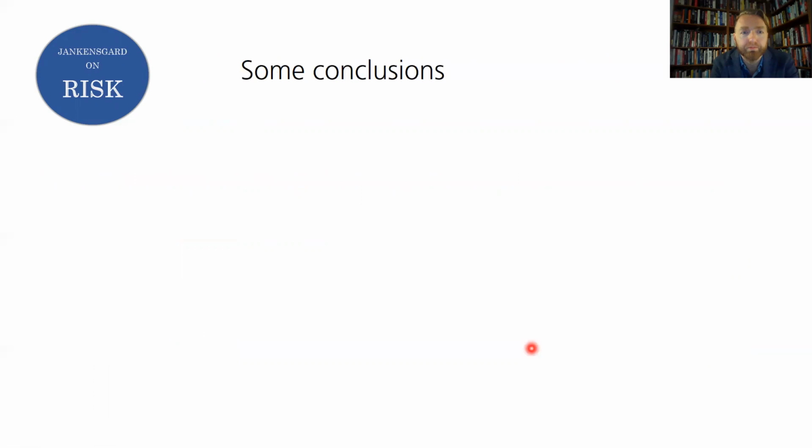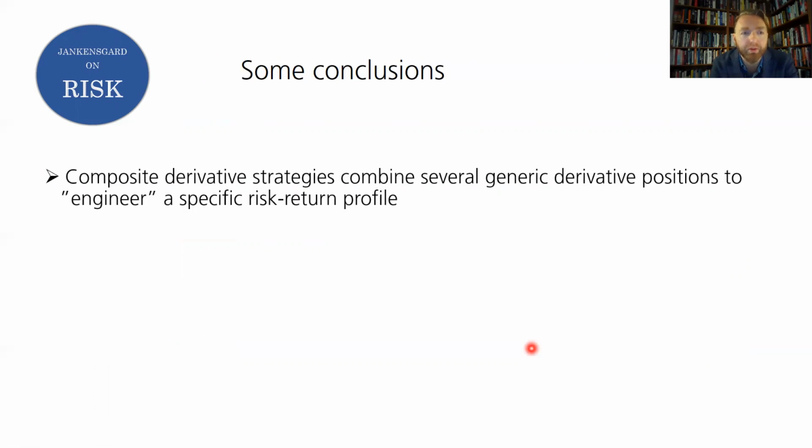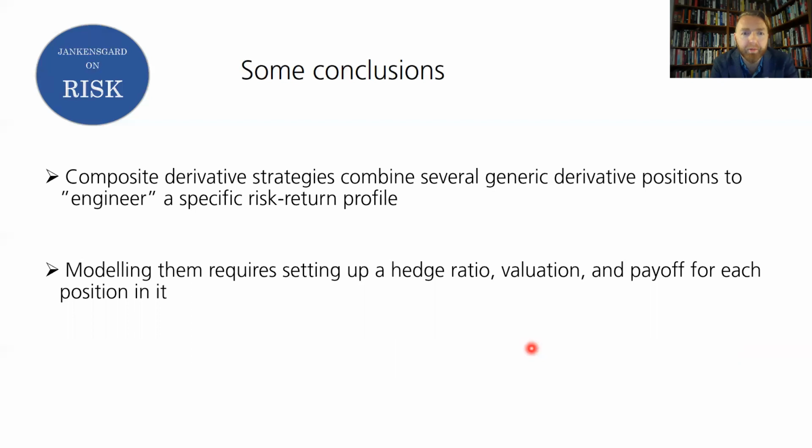All right, so to sum up, what we've done here is to model composite derivative strategies by combining different generic derivative positions. And you can, in that fashion, engineer almost any sort of risk-return profile, at least in the short to medium term. And to model them, we have to have user control over hedge ratio assumptions.